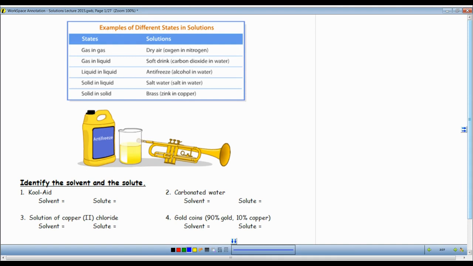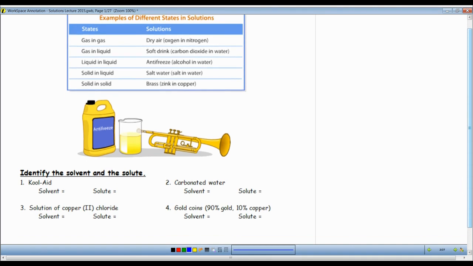Now, often we think of the solid in liquid, like the salt water. Another goofy example might be something like brass, a solid in solid. I love this old English spelling of zinc with a K. We call this an alloy. It's a mixture of metals.